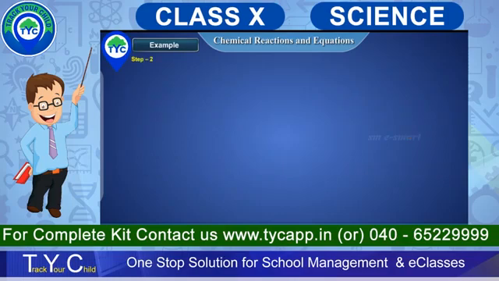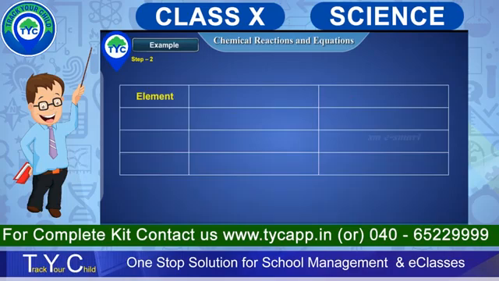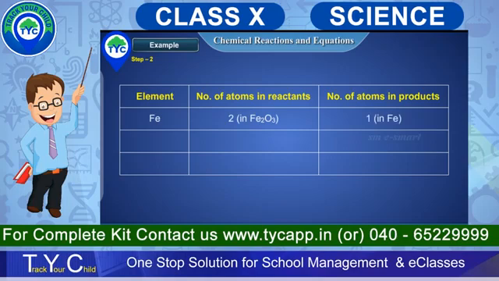Step 2. Find suitable coefficients for the reactants and products to equate the number of atoms of each element on both sides. Elements: number of atoms in reactants, number of atoms in products. Fe: 2 atoms in Fe2O3, 1 atom in Fe.